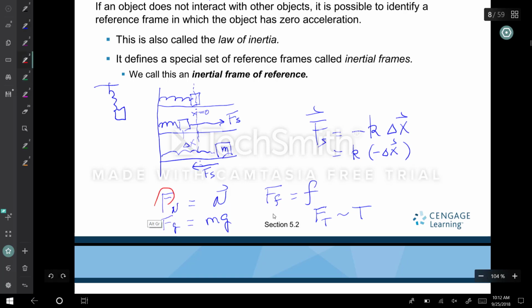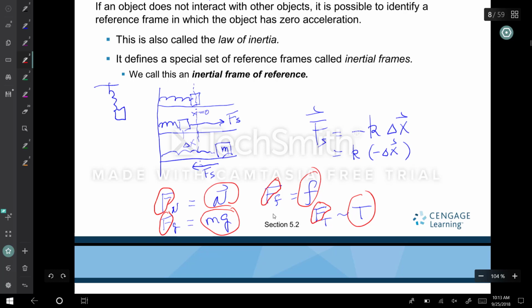If you follow my model, every force will be labeled as F. F stands for force. The subscript tells you what kind of force. Contact, weight, friction, tension, whatever. By having to memorize these individual letters, it's easy to get confused.